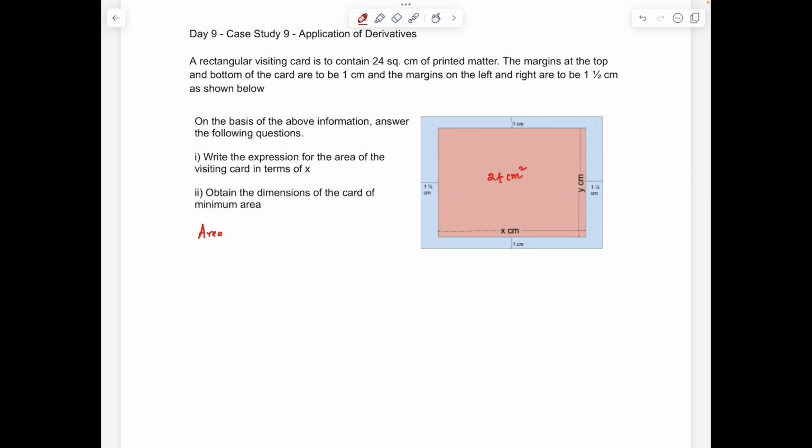So area of printed matter is 24 centimeter square, which is xy is 24. From here I get y, which is equal to 24 by x.